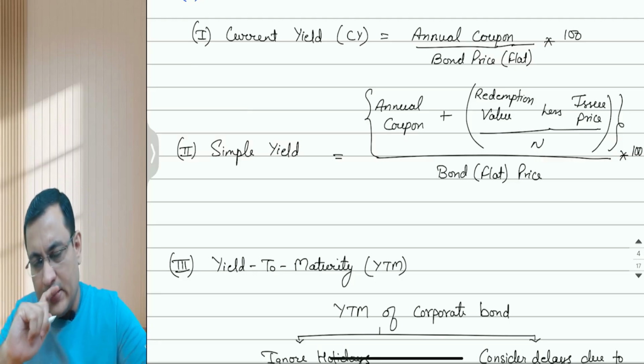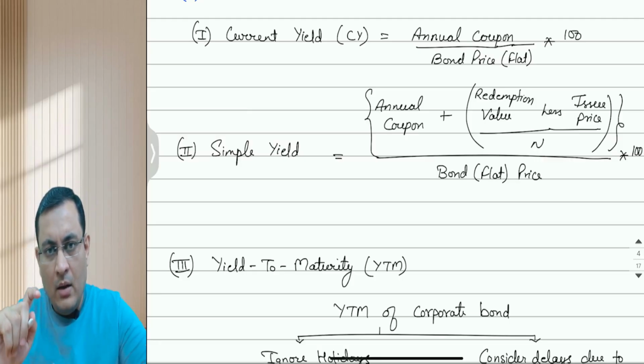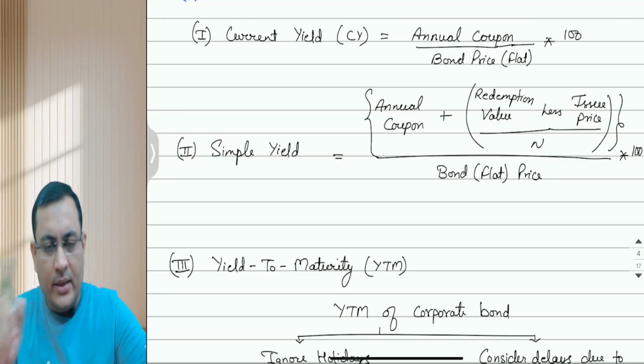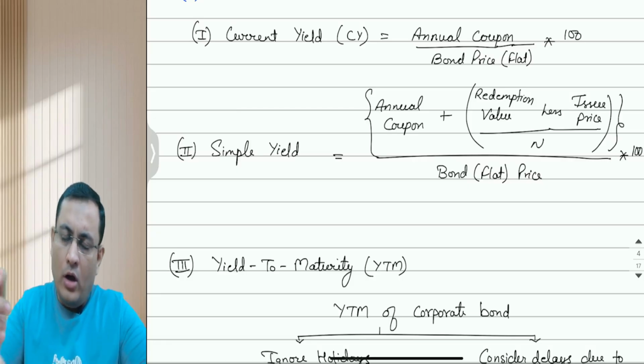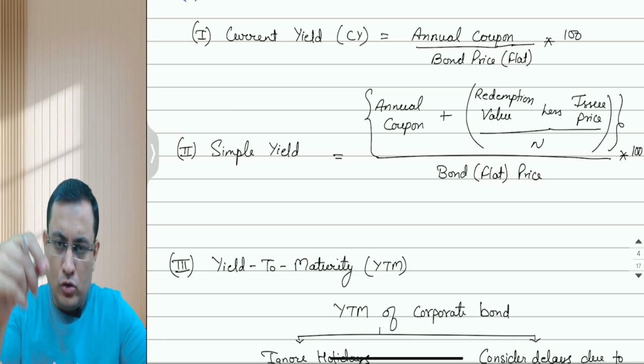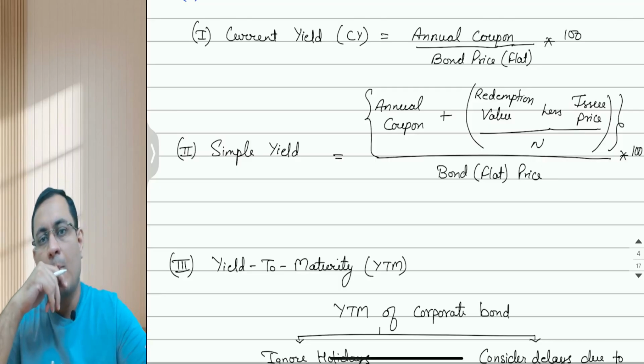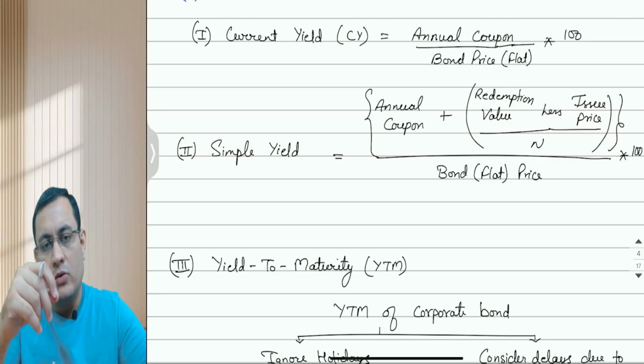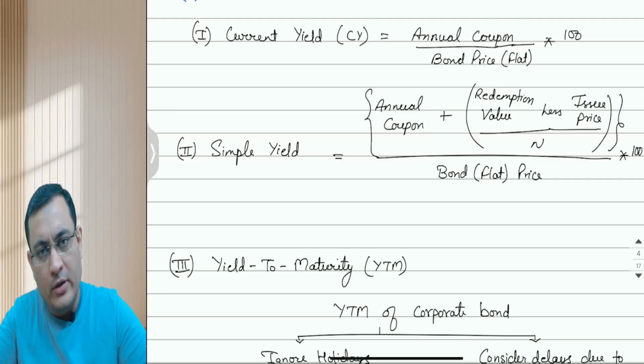Further, we have taken one more assumption. The assumption is that whatever the scheduled payment date of coupon and redemption value, all cash flows arise on those scheduled dates only.